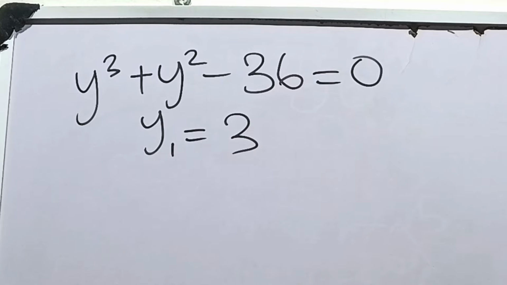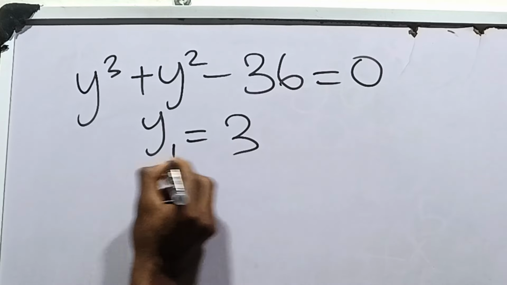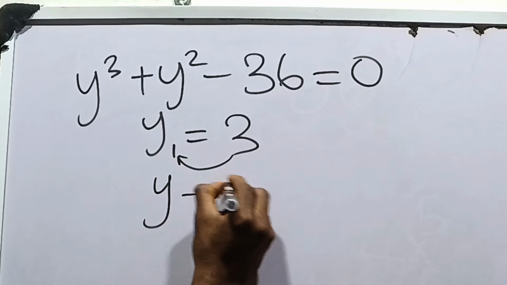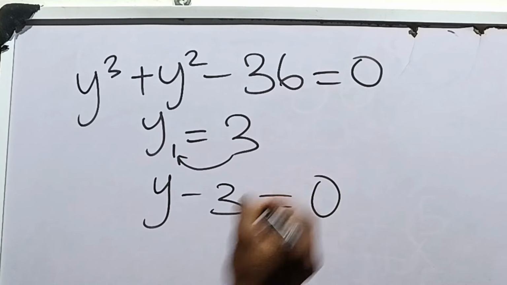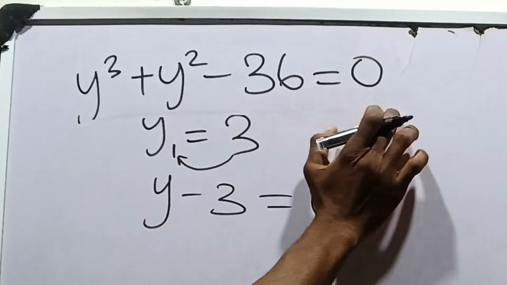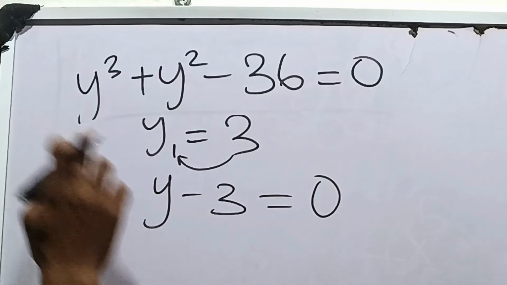Moving on from here, we can say that if y is equal to 3, it means that when you cross this over, it becomes y minus 3 equal to 0. If this is the case, we can now divide this expression by y minus 3.